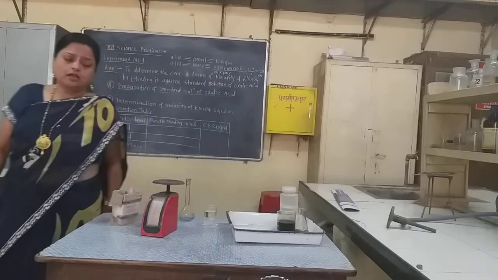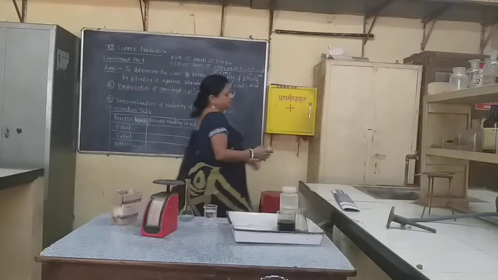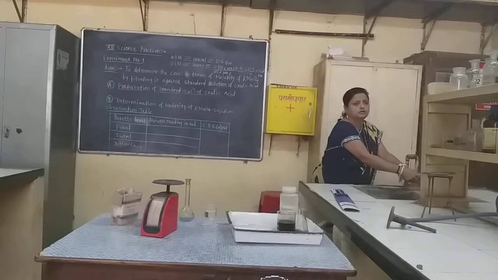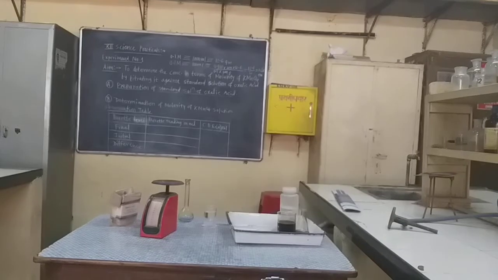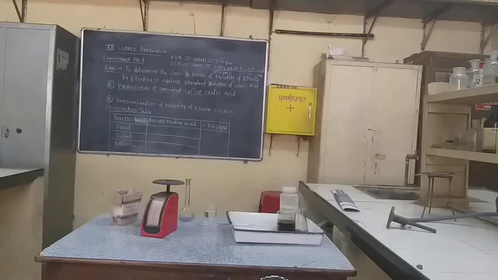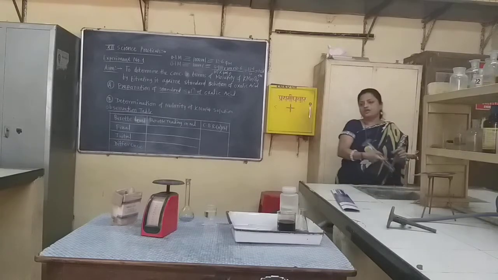Take a beaker and first take 20 to 30 ml of water in it. By taking 20 to 30 ml of water first, dissolve the oxalic acid in the beaker and then prepare the solution. Now I take the measuring cylinder to measure the water.